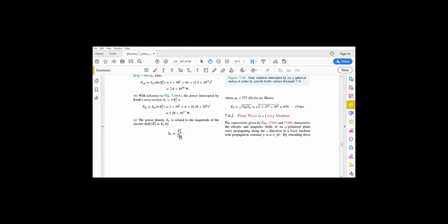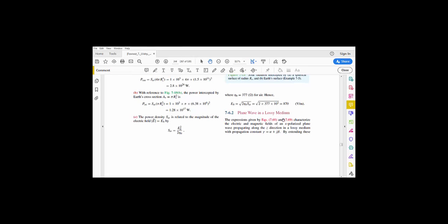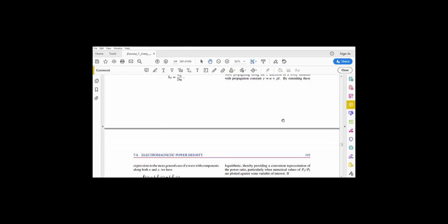Almost all of the medium is a vacuum, so we could use the intrinsic impedance of vacuum, which is constant, equal to 377 ohm. According to that, we could calculate the electric field using all these parameters, which is equal to 870 volt per meter.